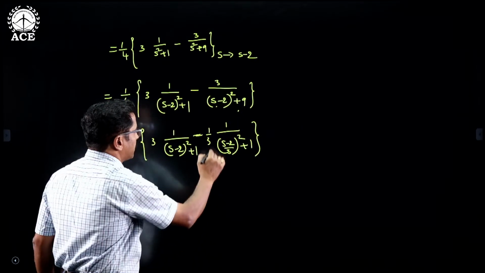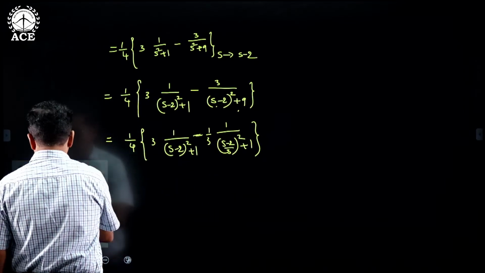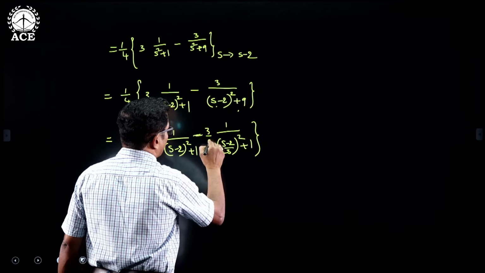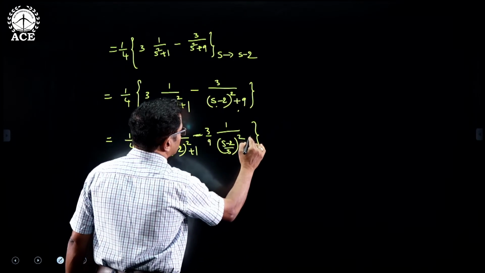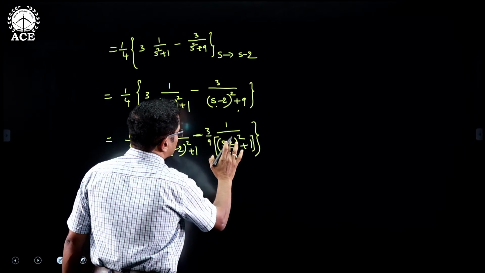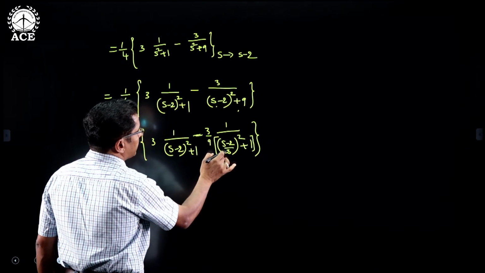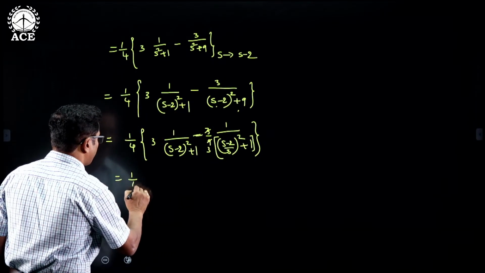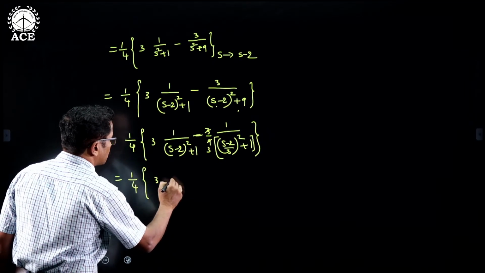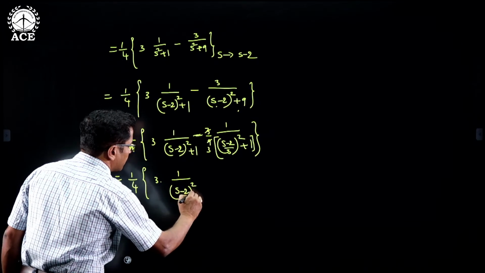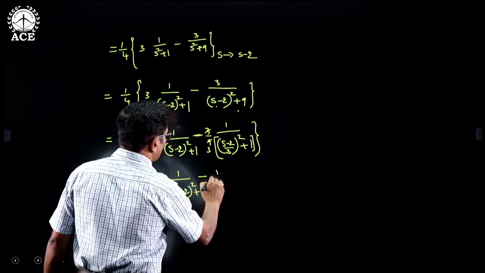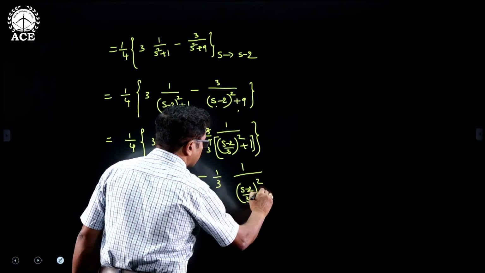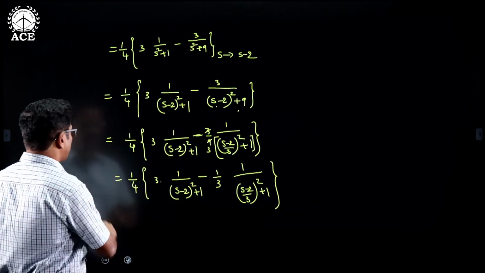So it equals 1 by 4 into 3 into 1 by (s minus 2) whole square plus 1, minus 1 by 3 into 1 by (s minus 2 by 3) whole square plus 1.